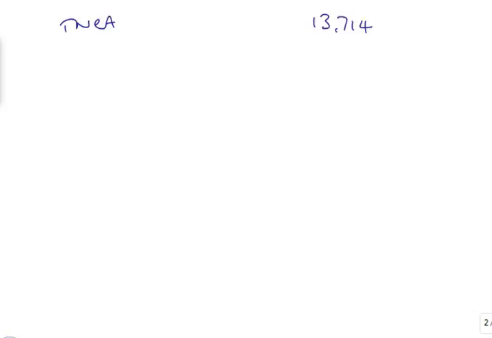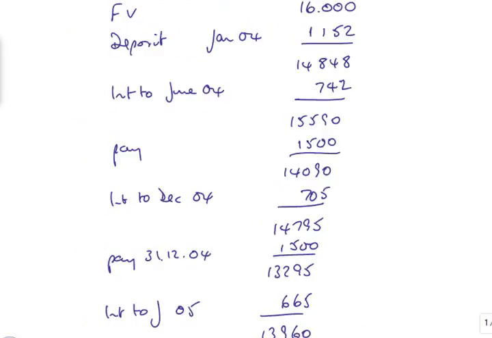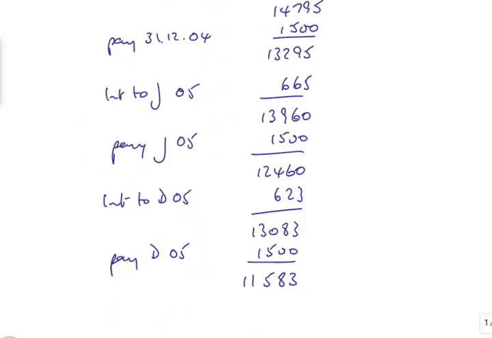Current liabilities. Long-term liabilities. What's the current liability? That's the current liability. The difference between 13,295 and 11,583 is the current liability.